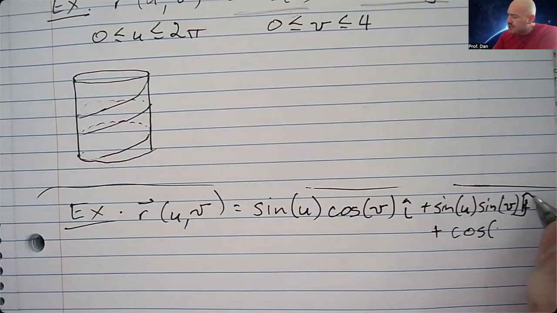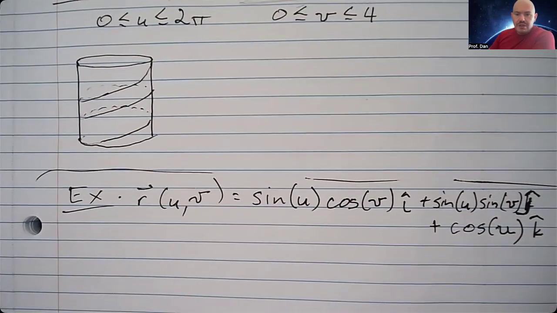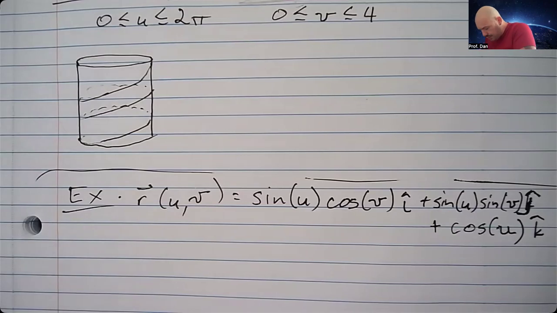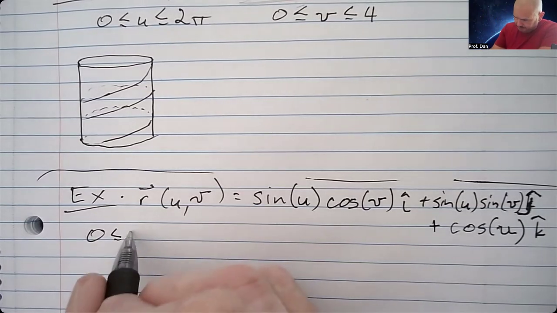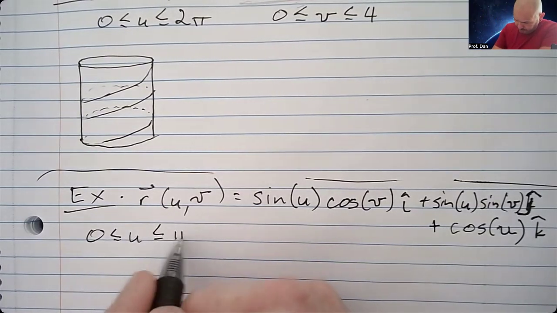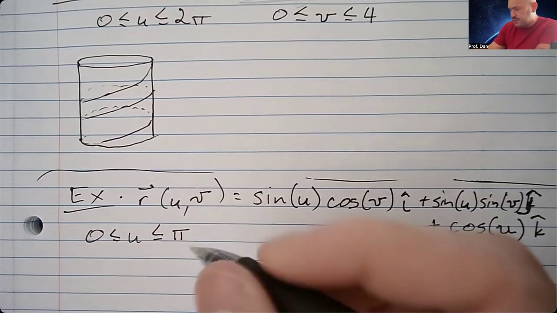Oops, that should be a j, not a k. And we're told that u ranges from 0 to pi, and that v ranges from 0 to 2 pi.